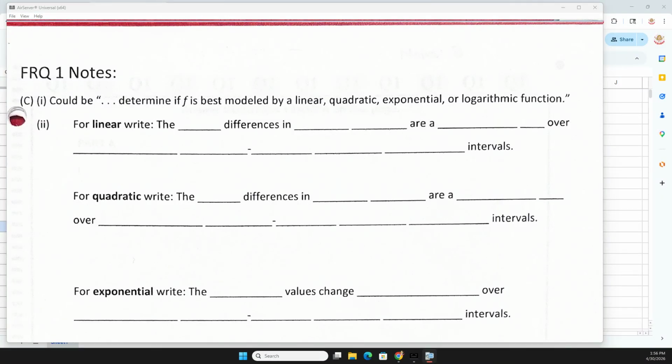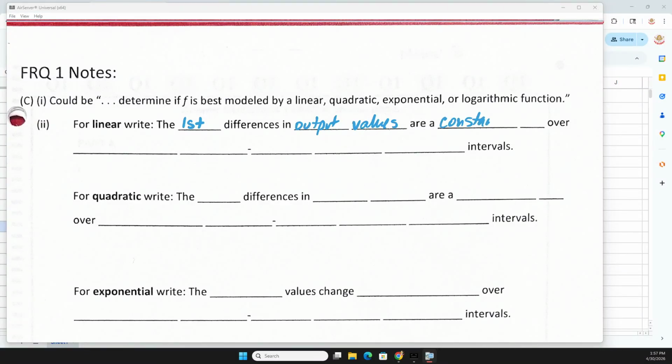Now this is where I changed it from what I did in the past and what I'm going to do this year. So we're going to mark some stuff out. But for linear, we are going to say the first differences in output values are a constant.